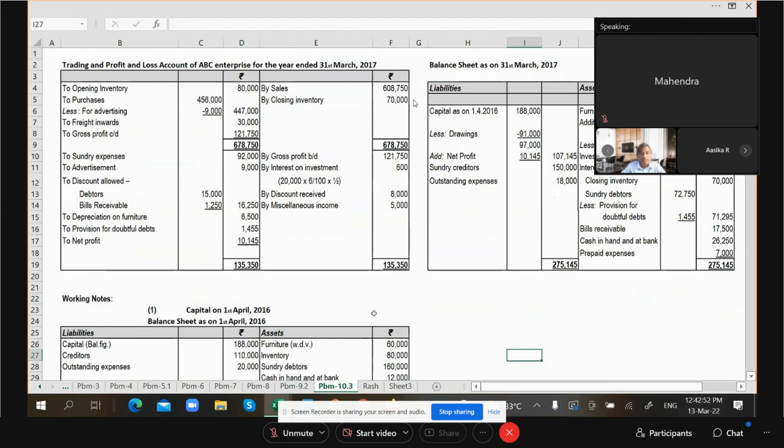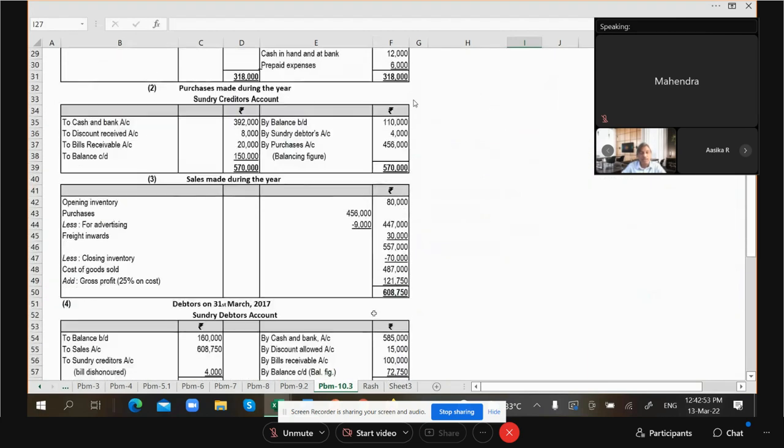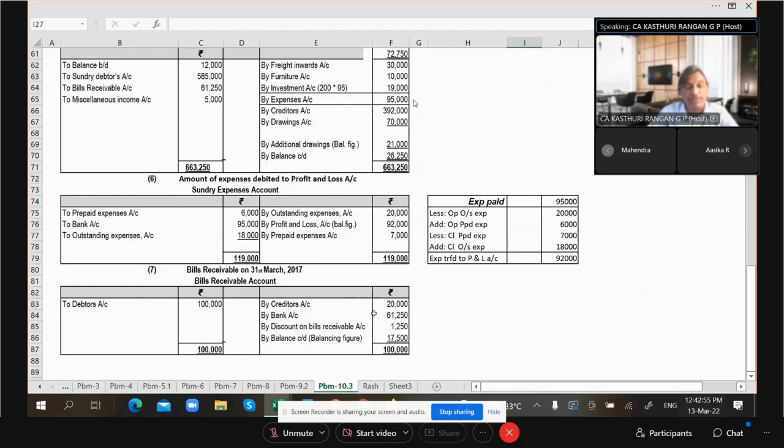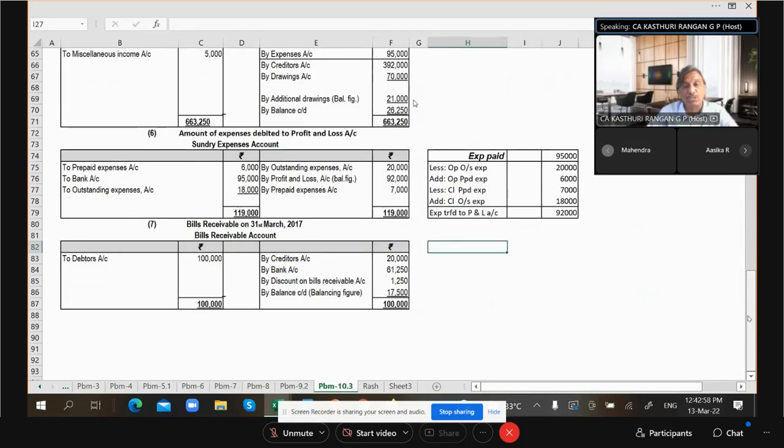Dishonored bill. See, when a bill of exchange is received, what is the entry? So shall I show the journal entries here? Journal entries for bill of exchange. Okay. So, receipt of bill receivable.